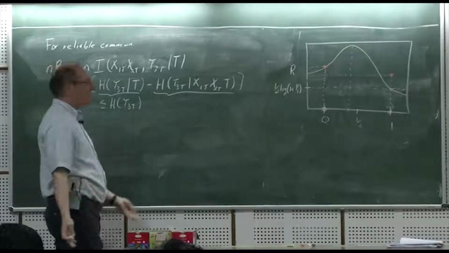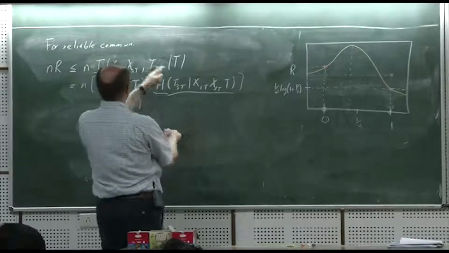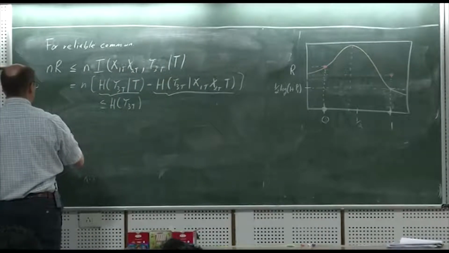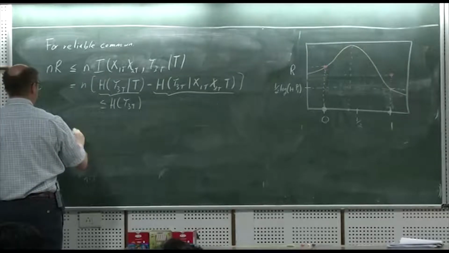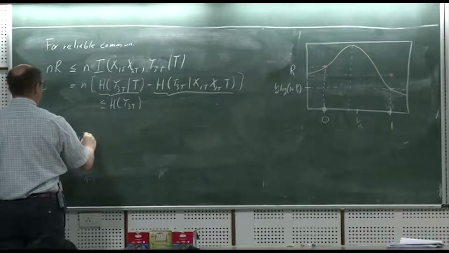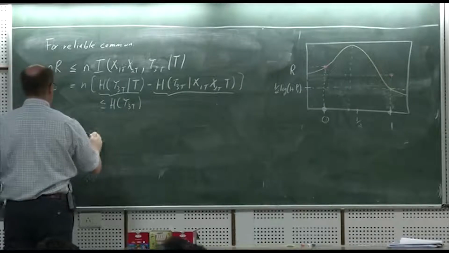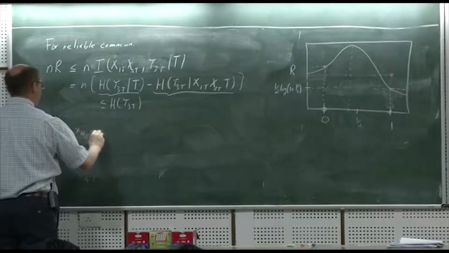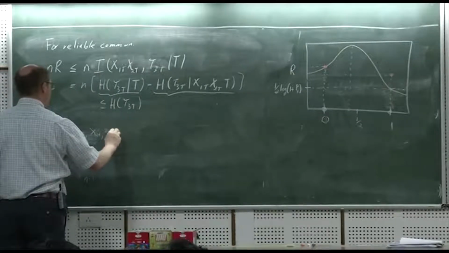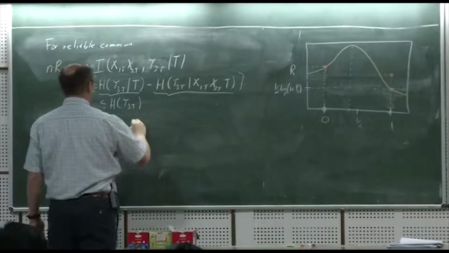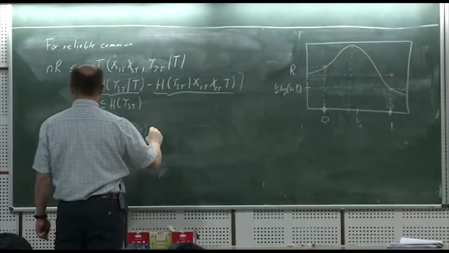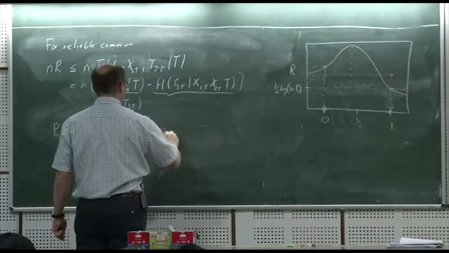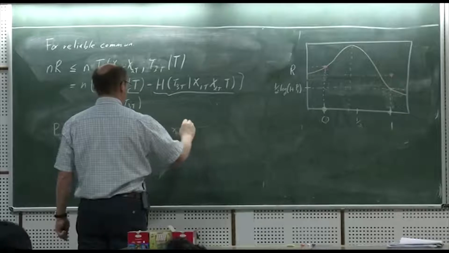Well, to do that, let's just write out what the joint distribution of these random variables is. If we look at how this was defined, then the joint distribution of t, x1t, x2t, y3t is, well, that's just p of t, p of x1t, x2t given t.